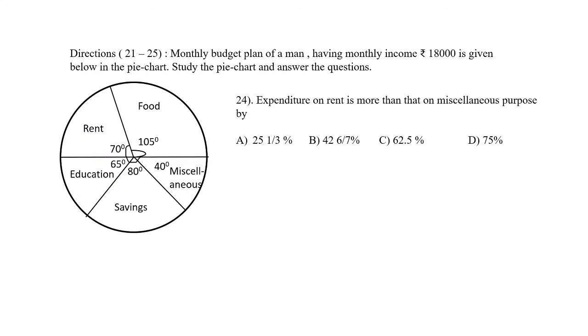Now see the 24th question. Expenditure on rent is more than that on miscellaneous purpose by. In this case, we have to find out the percentage value. So calculate the values individually. First of all, calculate the value on rent. See here, rent is 70 degrees by 360 degrees into income, 18,000.